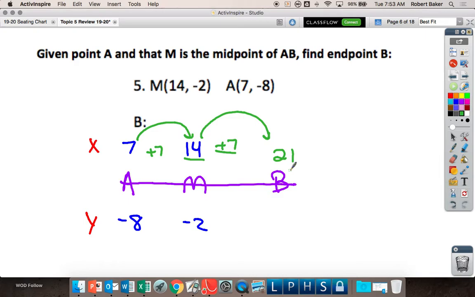Okay, same thing down here on the Y's. How do I get from -8 to -2? That's +6. And then do that again, +6, to get to the coordinate of the other endpoint. So B is the coordinate location 21, 4.